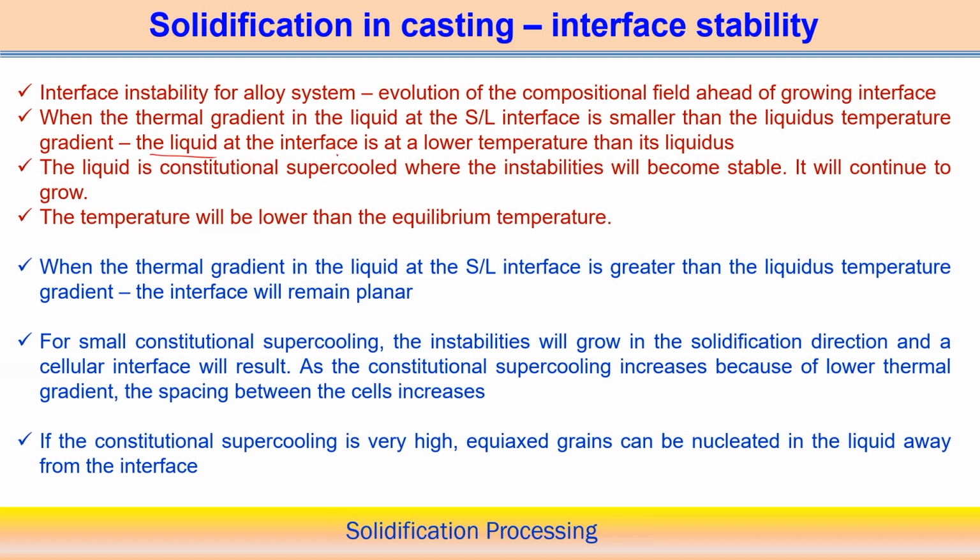So the liquid is constitutionally supercooled. Even if instabilities occur and create some perturbations, they become stable and create a kind of dendritic structure, but it will continue to grow even in that case.